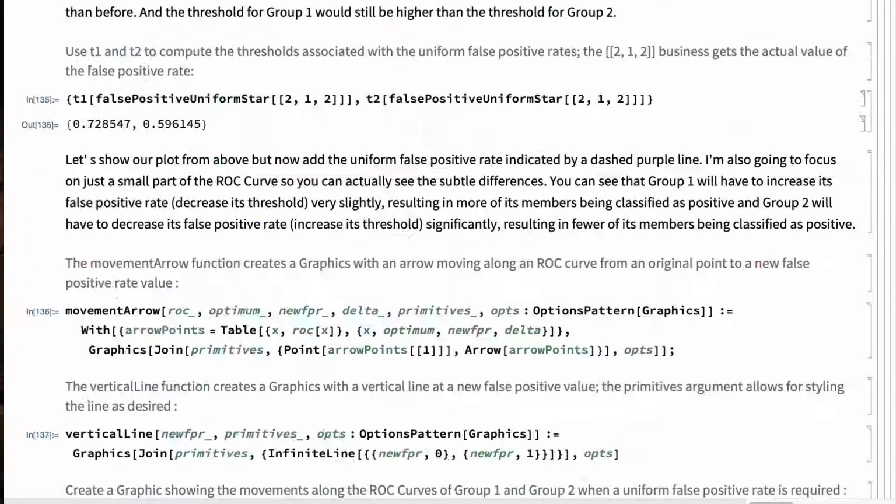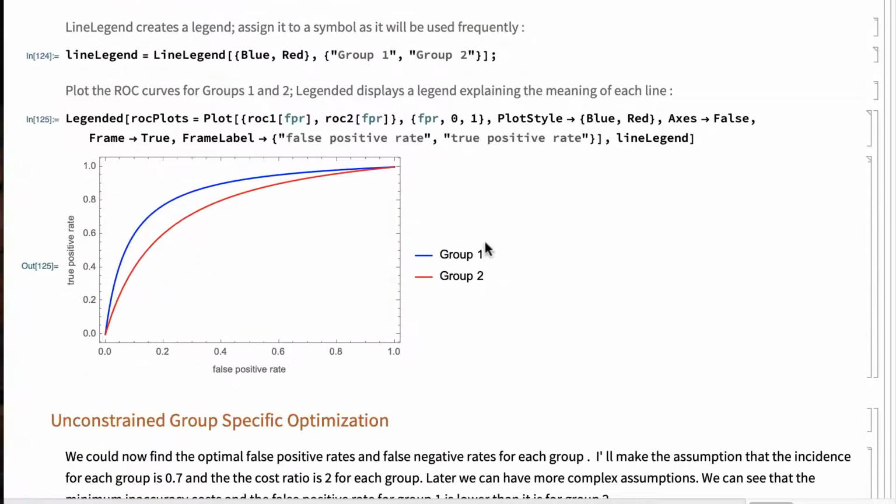And let me just see if I can be a little more clear about what's going on with equal odds. In order for there to be equal odds, basically, group 1 has to be operating somewhere on group 2's curve, because group 2, you can never go higher than your ROC curve. Otherwise, it wouldn't be the ROC curve.